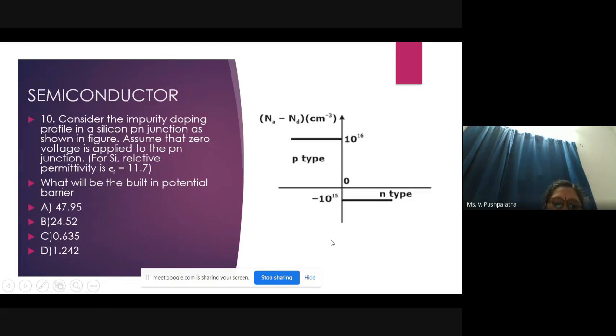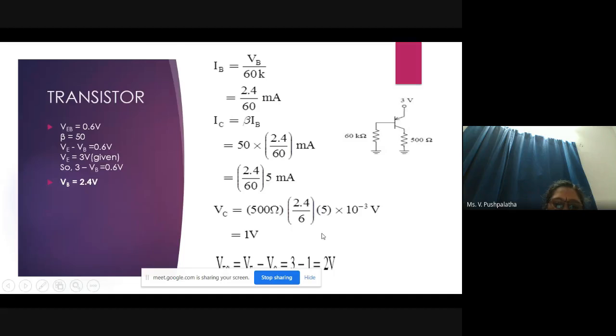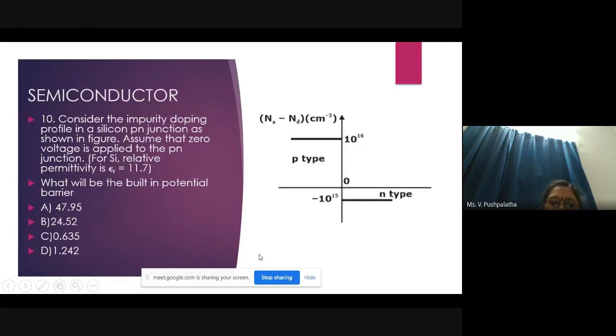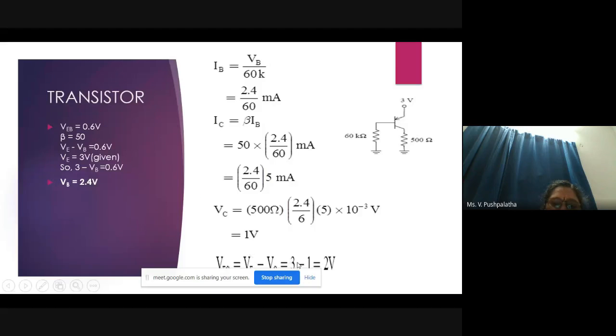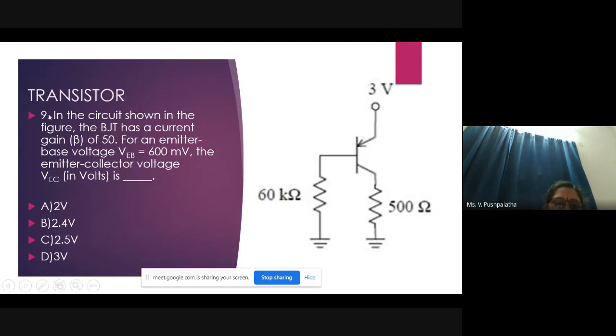VEC equals VE minus VC. VE value is 3 and VC value is 1, which is equal to 2 volt, right? So now let me go to the answer. The options are A 2 volt, 2.4 volt, 2.5 volt, 3 volt. So the answer is option A.